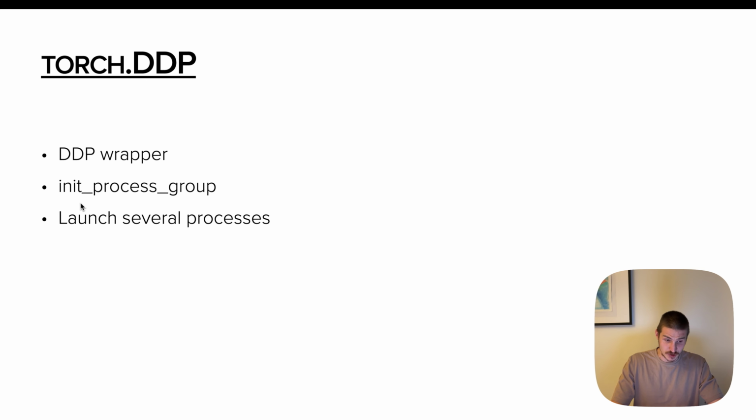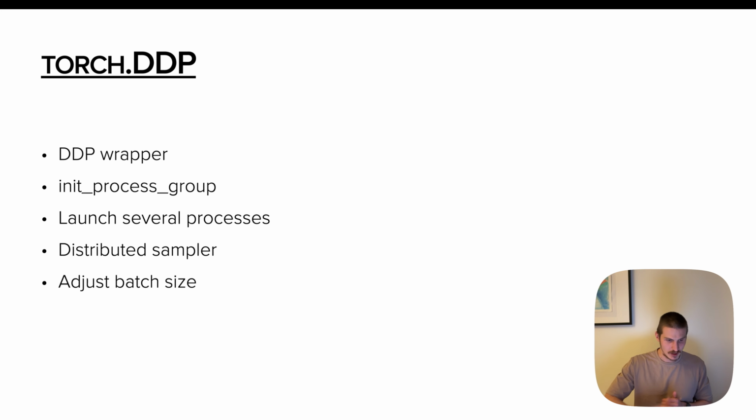You'll need to launch several processes somehow, either by hand or torchrun or Slurm or by any other means. You will need to take care of your data. You'll need to make sure that every process is reading independent data samples, which is easily handled by the torch distributed sampler.